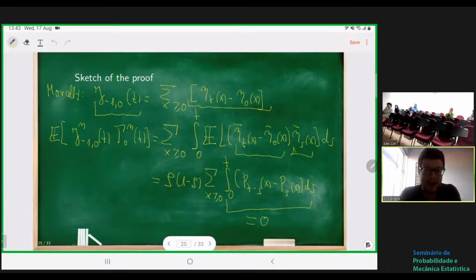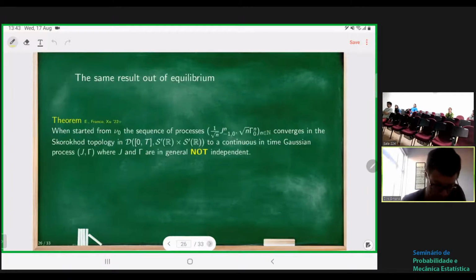Yeah? And what turns out to be true is that they're independent because of some magic that happens because we start from equilibrium. Yeah? So if you start from some general measure, then the current and occupation time locally are correlated, not independent. Yeah?